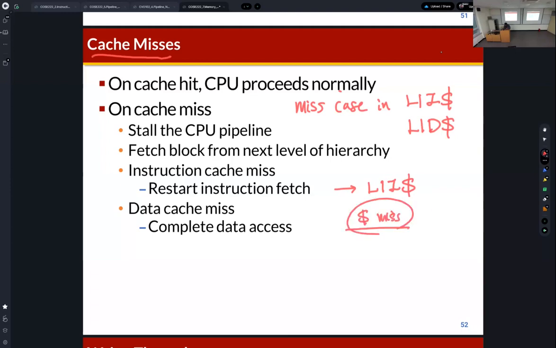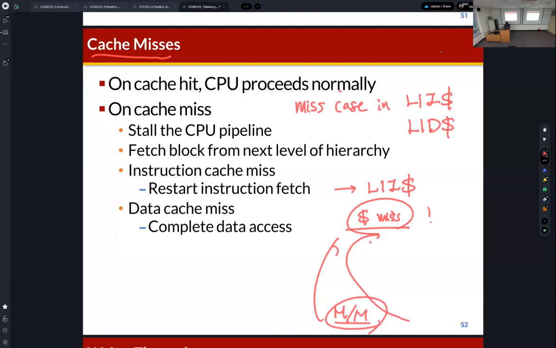So the instruction cannot be fetched from the instruction cache, which means the instruction needs to be read from the main memory. So what does that mean? The instruction is not fetched, so the processor needs to wait until the data is transferred from the main memory. So the pipeline is stalled.